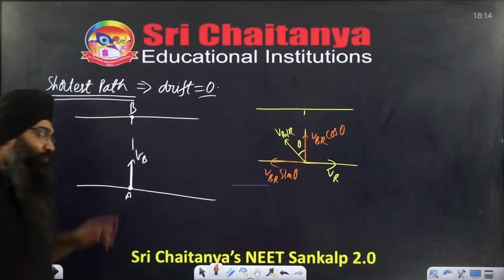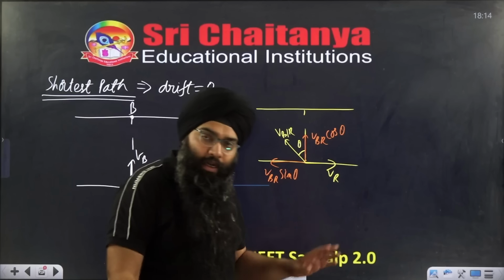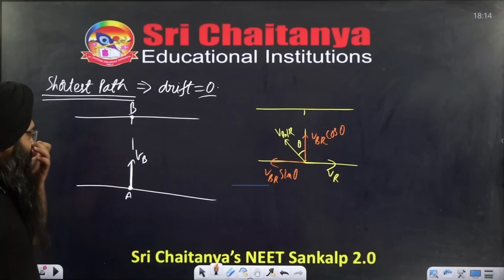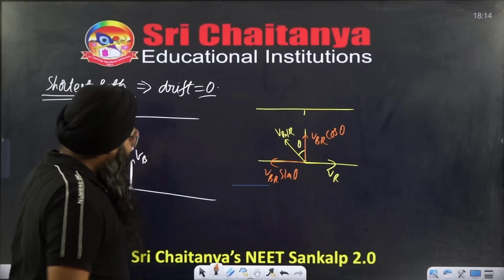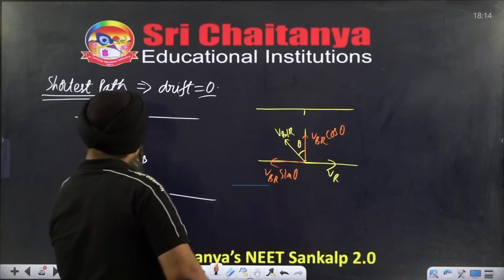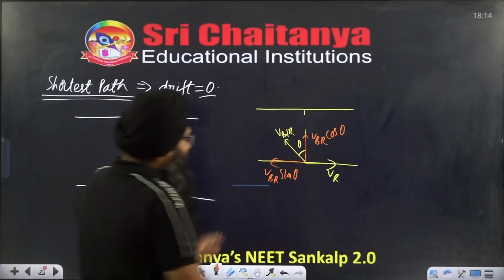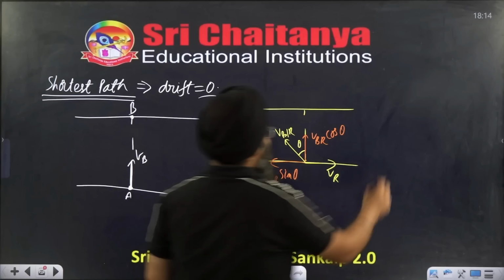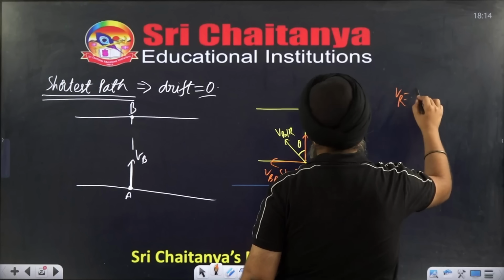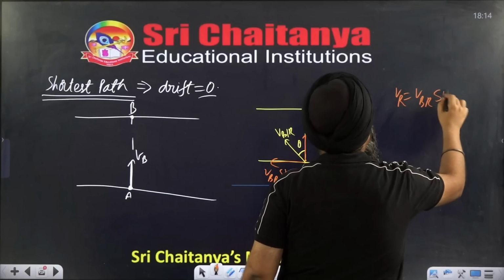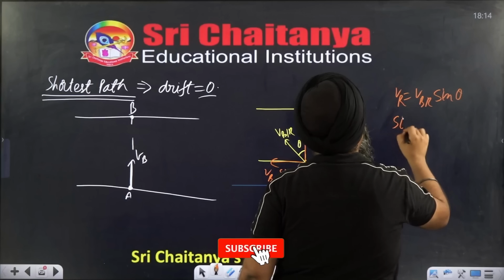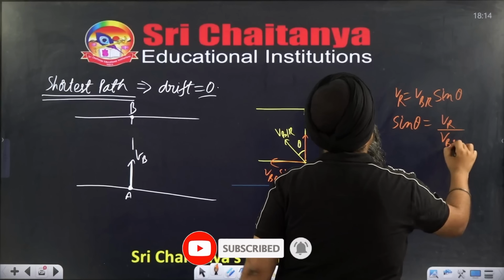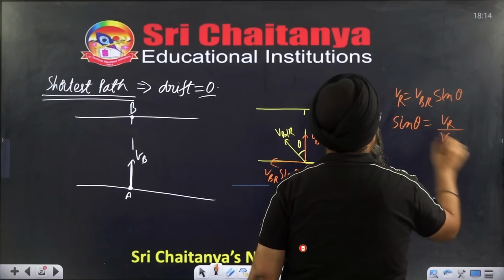But if you want to cross the river in the shortest path possible, then the drift should be equal to 0. So your velocity should be in the vertical direction. That means these horizontal components should cancel out each other. So for shortest path, VR should be equal to VBR sin theta, and in this case, sin theta will be equal to VR divided by VBR.